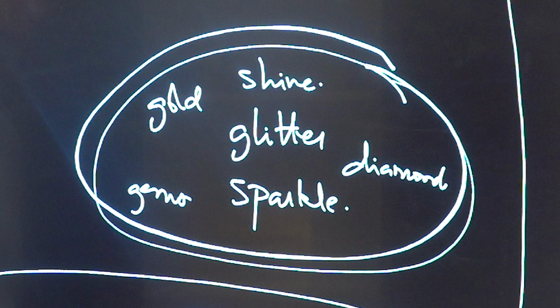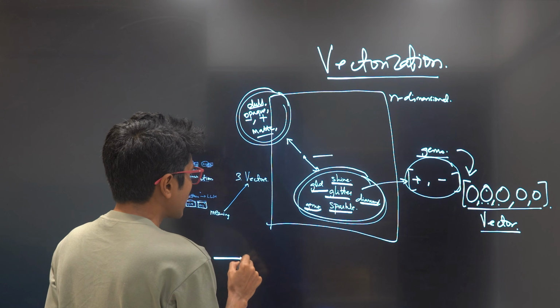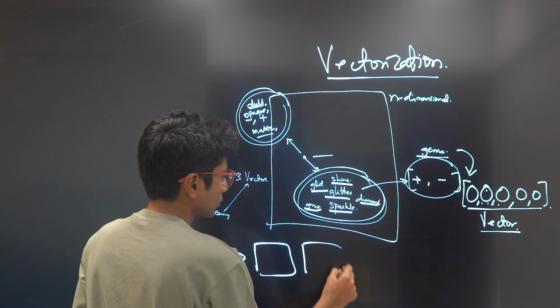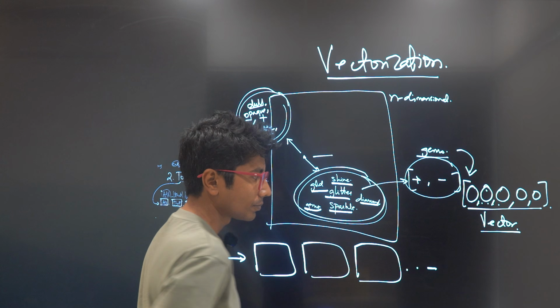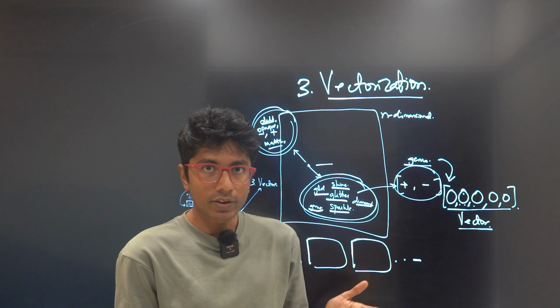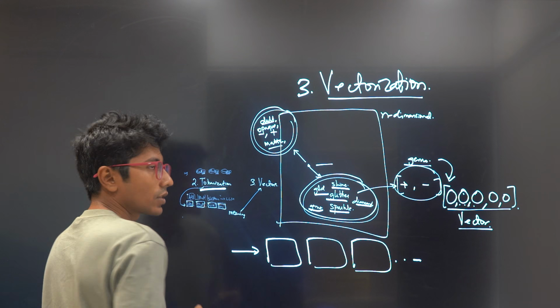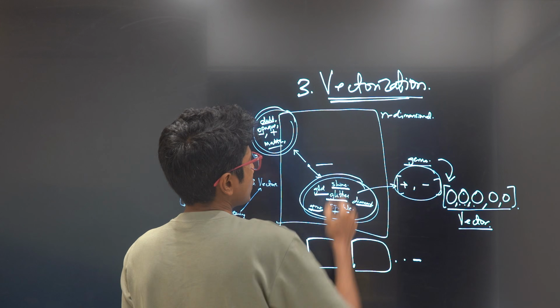Words which are similar to each other are placed close to each other. Once they know the meaning, they can construct sentences effectively.